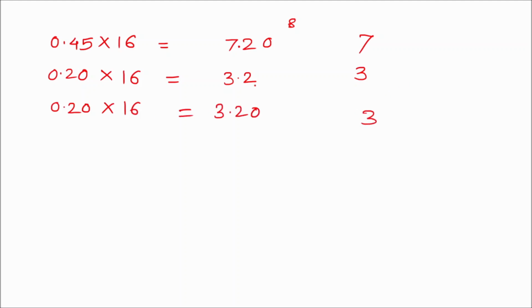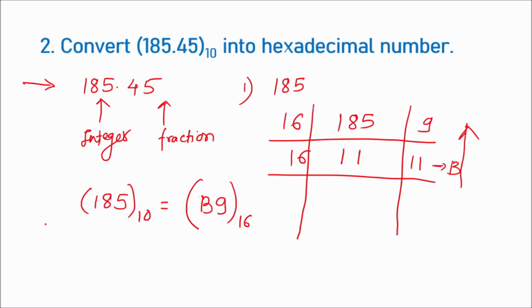So this is the number. You can continue for 3-4 places, and while writing the fraction you have to start writing from top to bottom. Hence 0.45 in decimal can be written as 0.733 in hexadecimal.